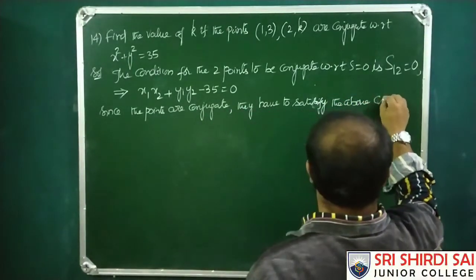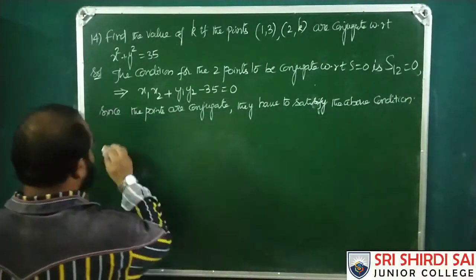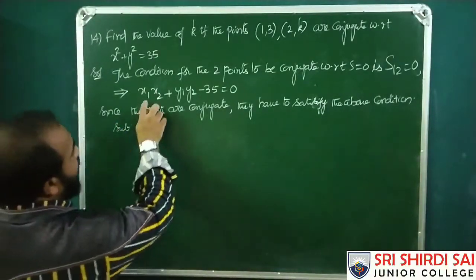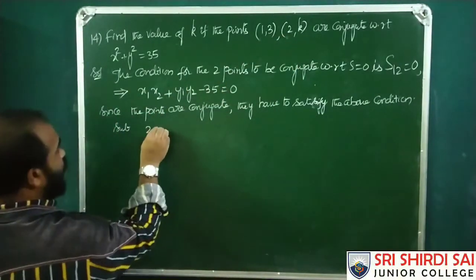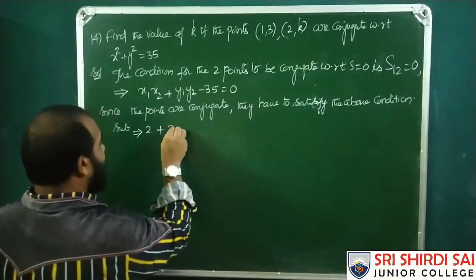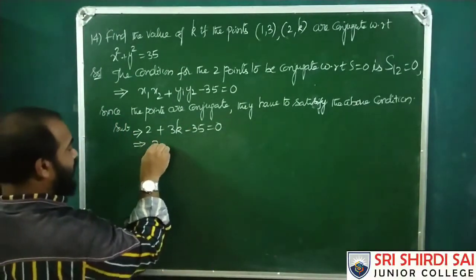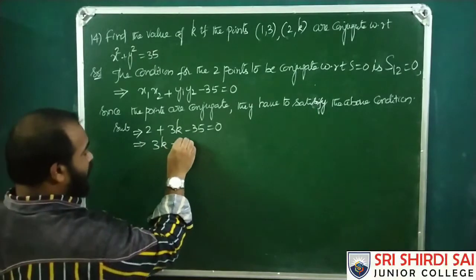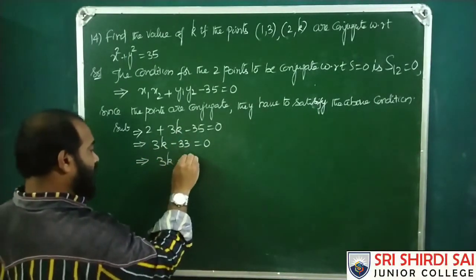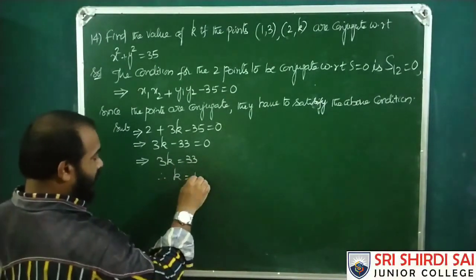Satisfying in the sense substituting the given values. So x1 x2, 1 into 2, plus y1 y2, 3 into k, 3k, minus 35 equals to 0. 3k, 2 minus 35, minus 33 equals to 0. 3k is equals to 33. Therefore k is equals to 33 by 3, 11.